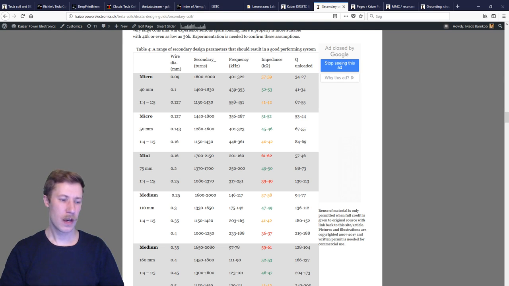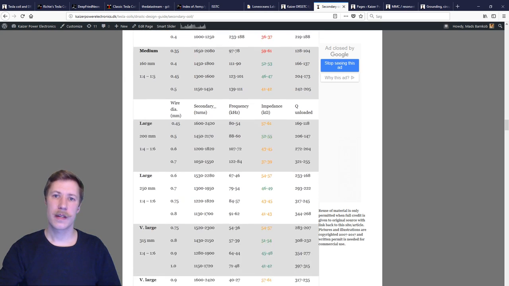So this makes it pretty easy to match over to the IGBT chapter, so that at a certain size coil you could choose to build a certain size secondary.